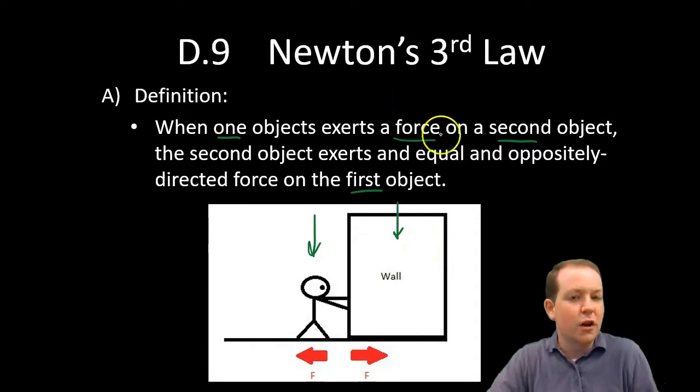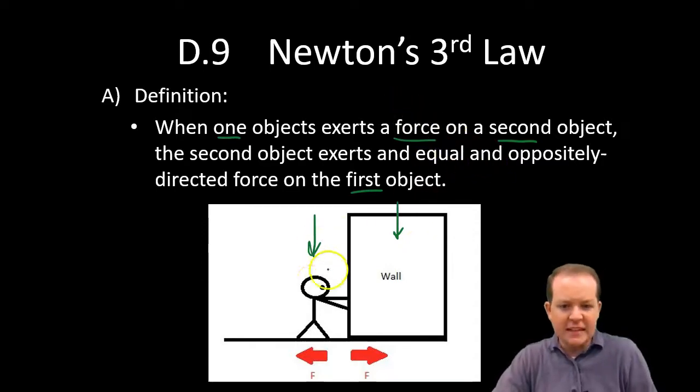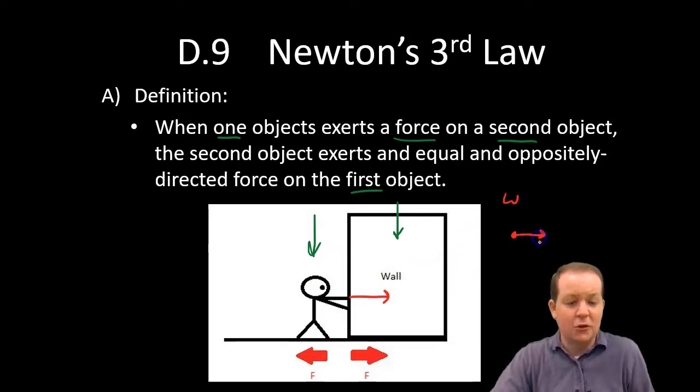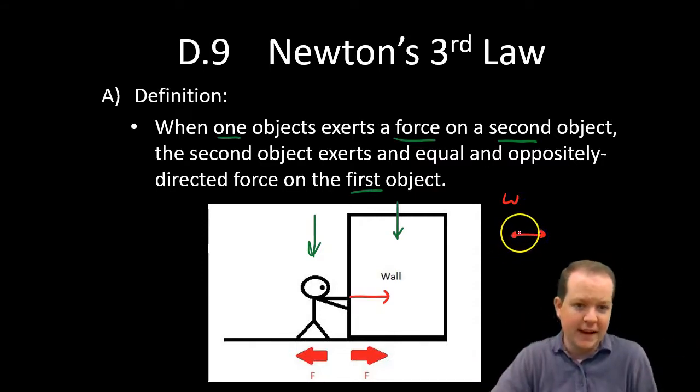The other thing Newton's third law is talking about is obviously forces. It says when this person applies a pushing force, now let me change to red. When this person pushes on the wall, so if I think of a free body diagram for the wall, there'd be a force to the right. I mean, there's surely other forces, but let's just simplify it here.